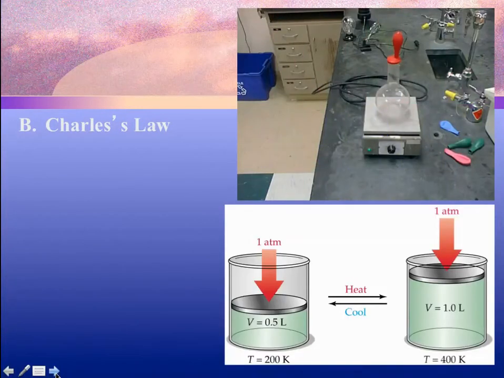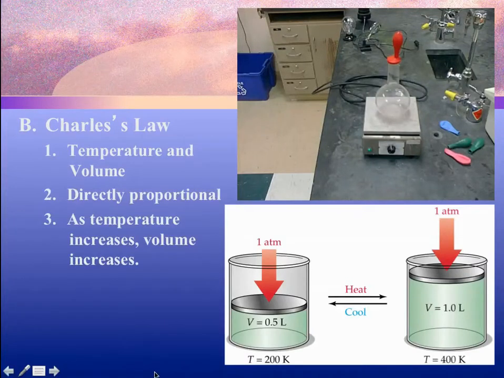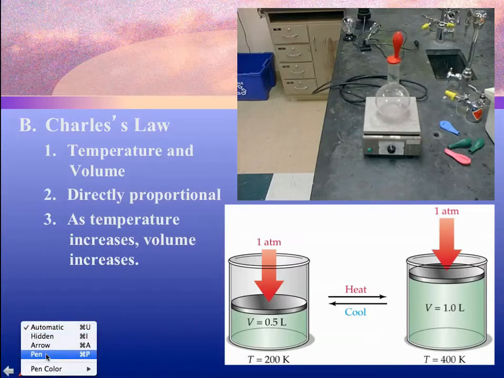Next one we're going to look at is Charles' Law. That's temperature and volume. I'm going to use a way to help you remember this. Steal it from Mrs. Teston. She always taught it as Charlie Sheen is on TV. So Charles' Law is temperature and volume.